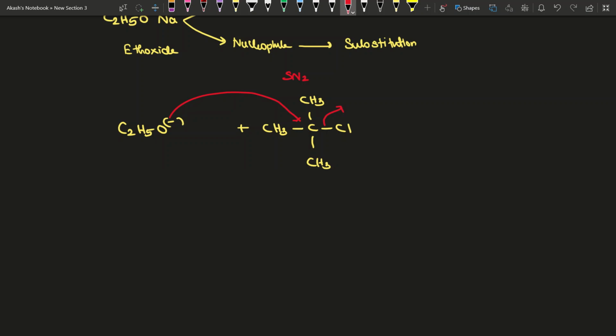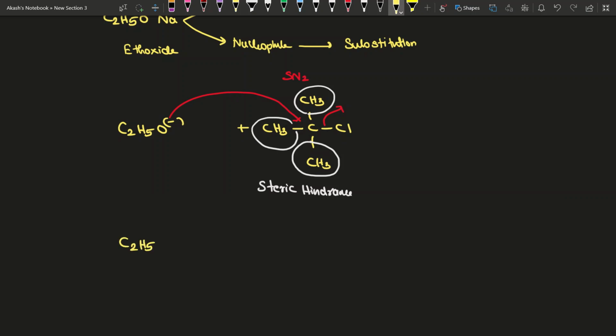But this carbon is surrounded by three bulky alkyl groups, or three bulky methyl groups. These three bulky methyl groups offer a very big steric hindrance. Due to the steric factor, this nucleophile cannot easily come and attack this carbon, or it cannot undergo nucleophilic substitution reaction. So what is going to happen is that the C2H5O minus acts as a base.